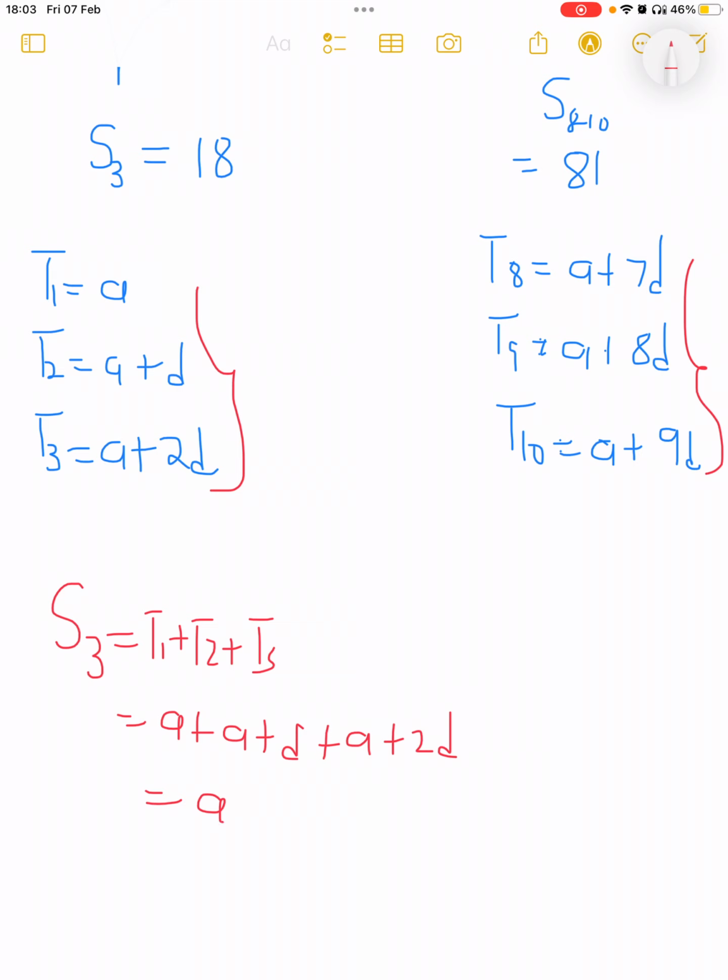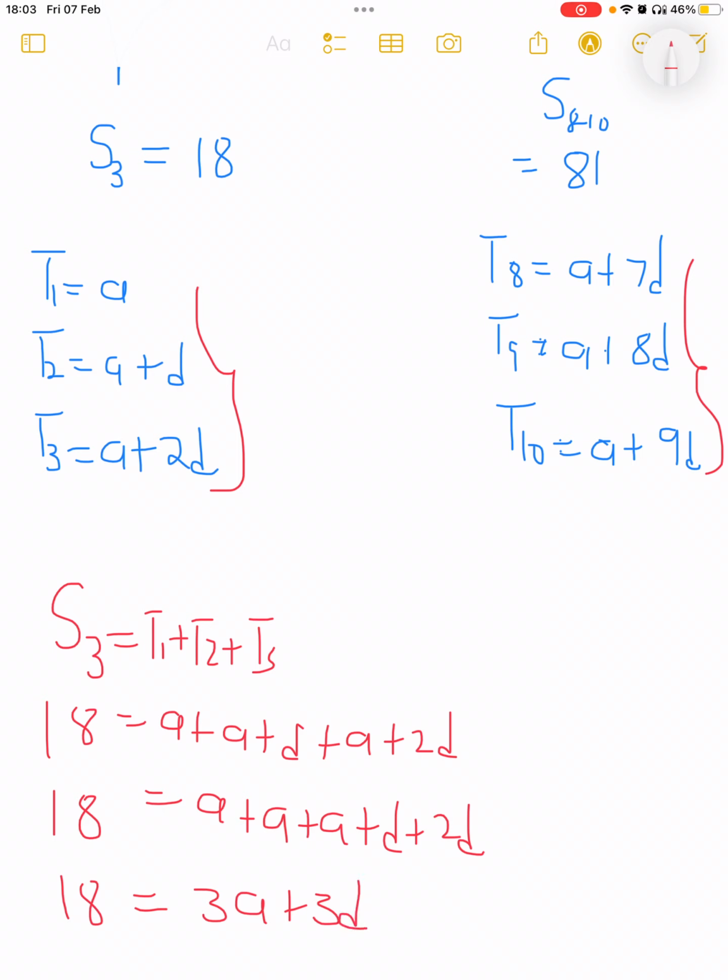Now we can group like terms. And also note that we have the value of 18 here. So 18 is equal to A plus A plus A plus D plus 2D. So 18 is equal to 3A plus 3D. Let's leave that to be our equation 1.